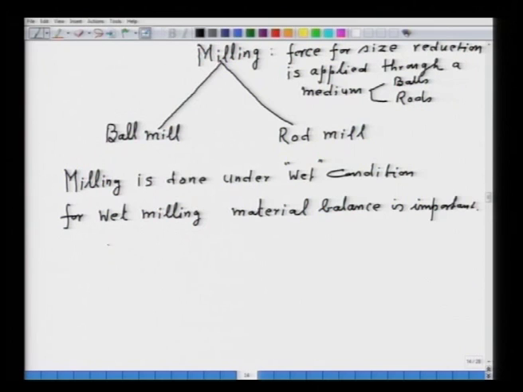First of all, to know the amount of water in a milling circuit.